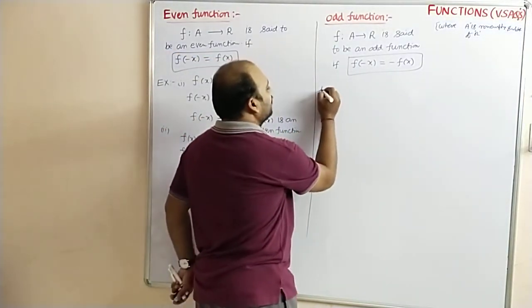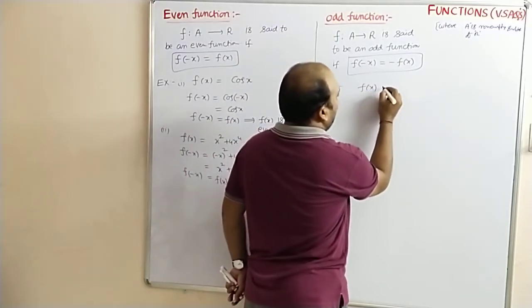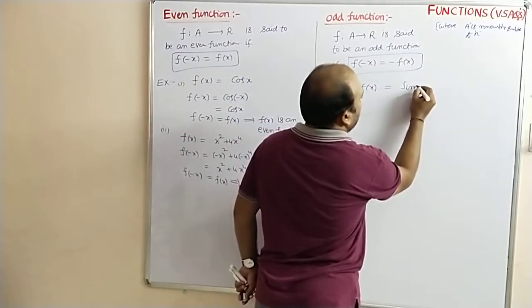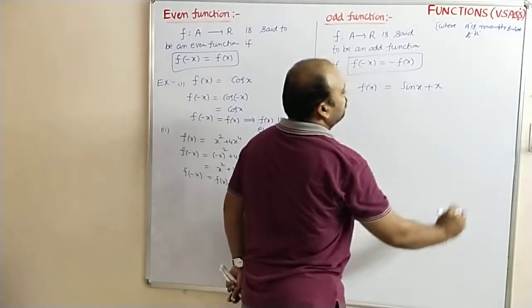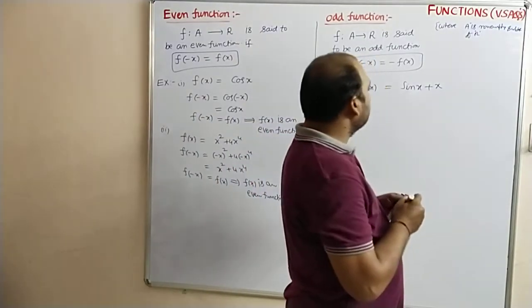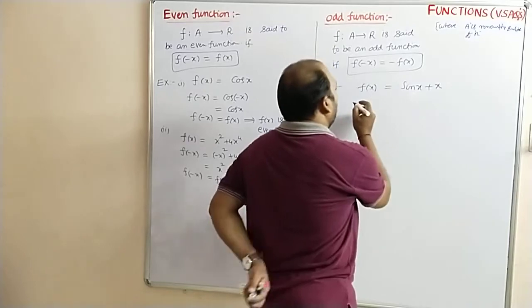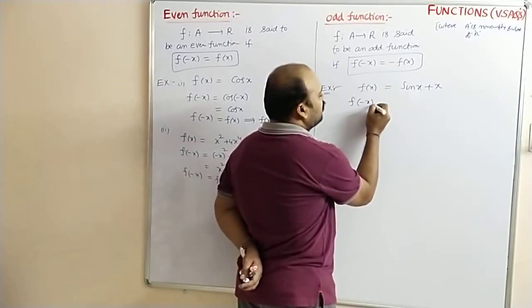Here also we will take one example. F of x is equal to sin x plus x. Whether it is an even function or odd function, check. What you have to do, wherever x is there, minus x you have to replace.